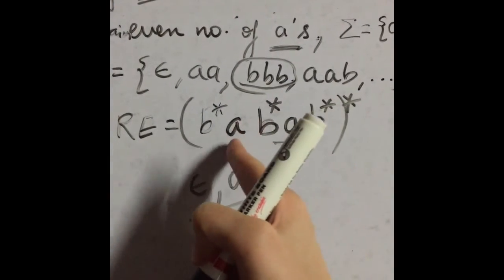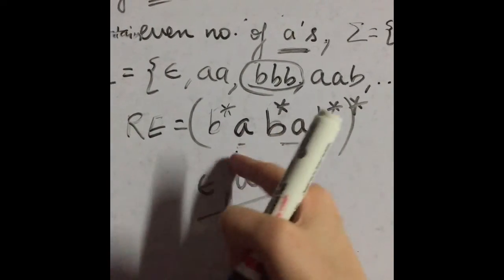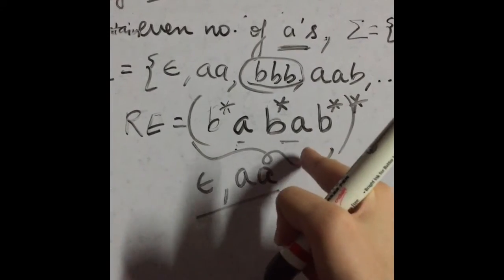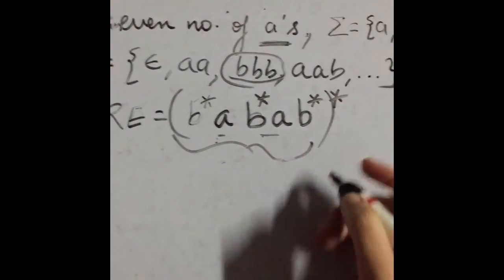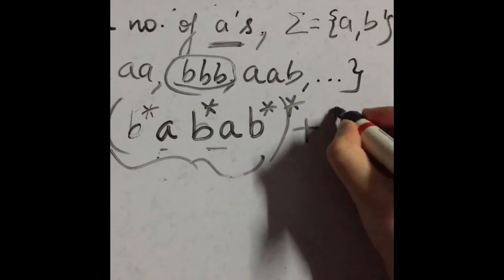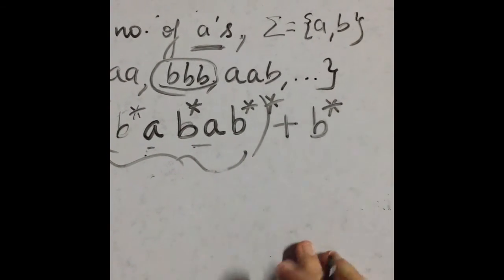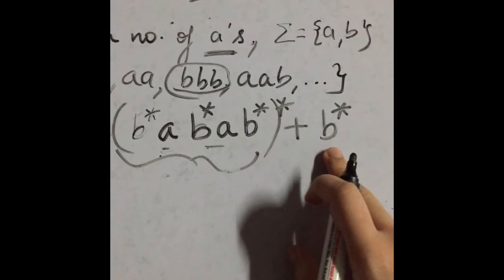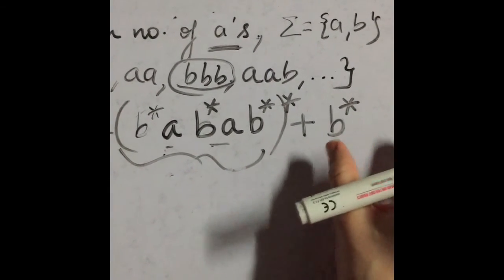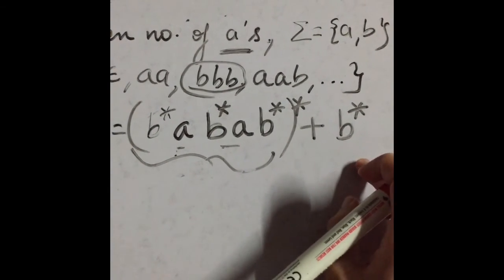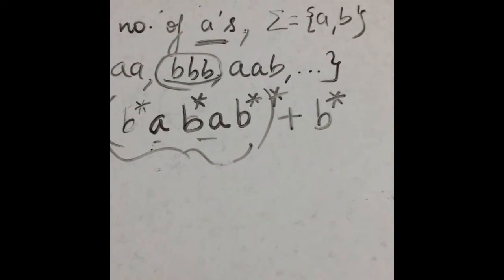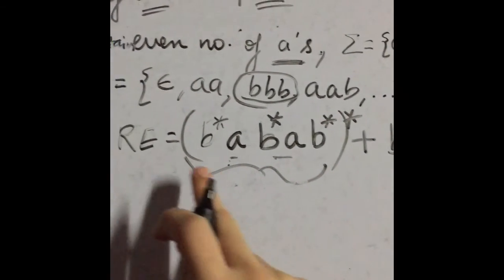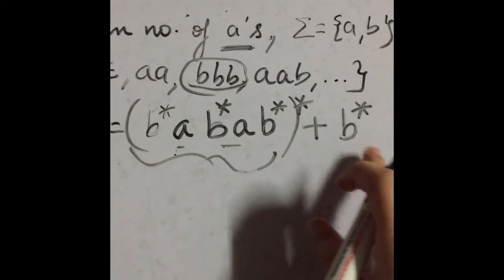This gives me at least 2 a's. So what to do? We add one more thing, which is b star. b star means any number of b's. In any number of b's, the number of a's is always even, because the number of a's is 0 and 0 is even. So this plus this is correct.